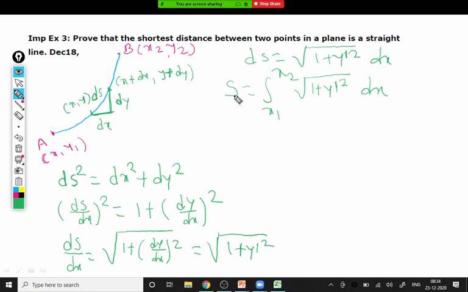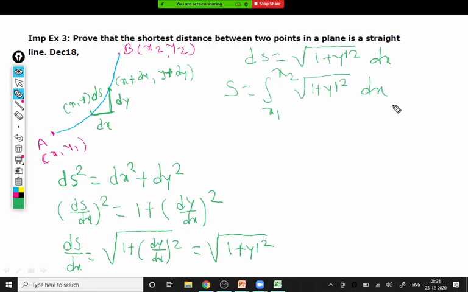Is it clear first? You have to remember this entire derivation. No need to write it in the exam again. You can start from here also, because this is the standard formula of arc length. You can say arc length s is given by this, so you should write it directly.